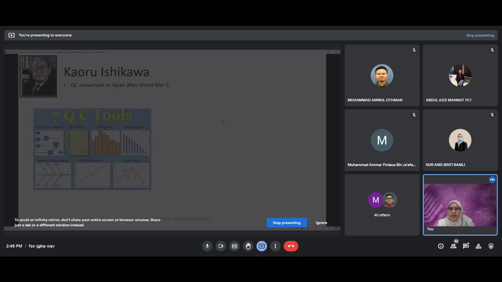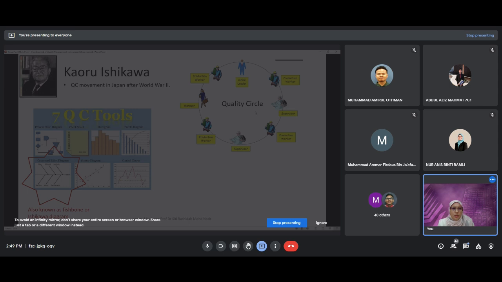And he established seven quality control tools, which are process flow diagram, check sheet, histogram, Pareto diagram, control chart, scatter diagram, and cause and effect diagram. But the most known is the cause and effect diagram, also known as the fishbone diagram or Ishikawa diagram.